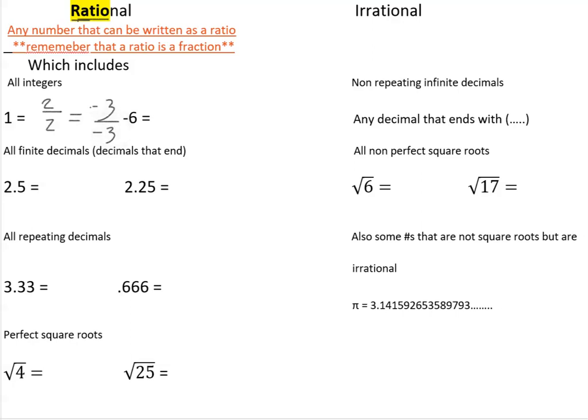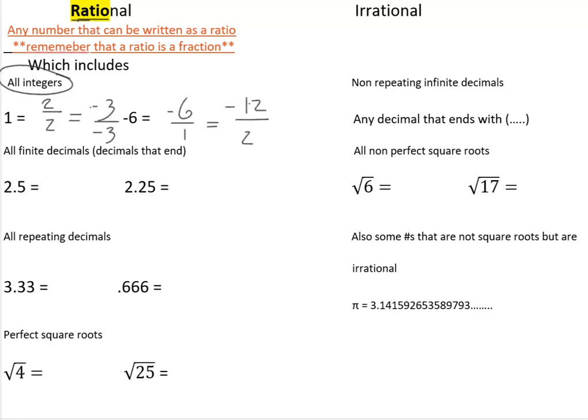So it is a ratio. Negative 6, same thing. Negative 6 over 1, or you could essentially double both. Negative 12 over 2 will also give you negative 6. So all integers are included as rational numbers.